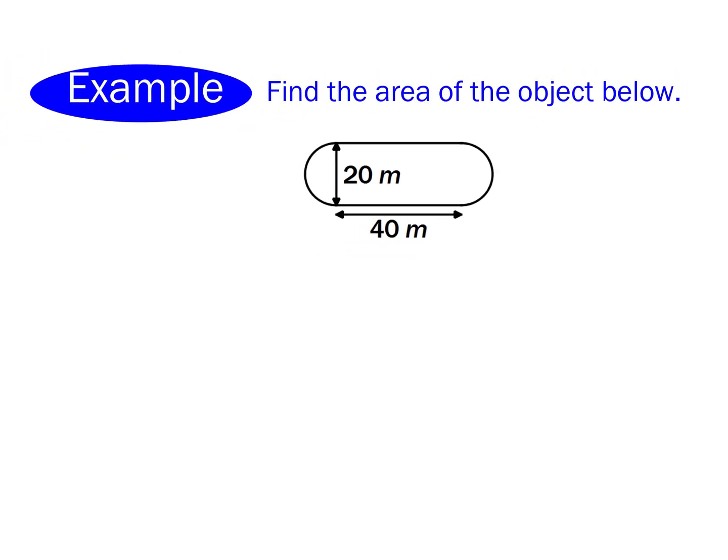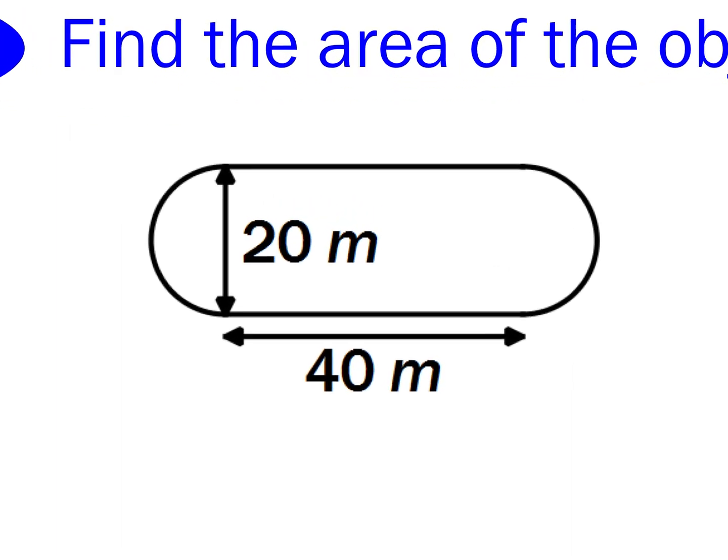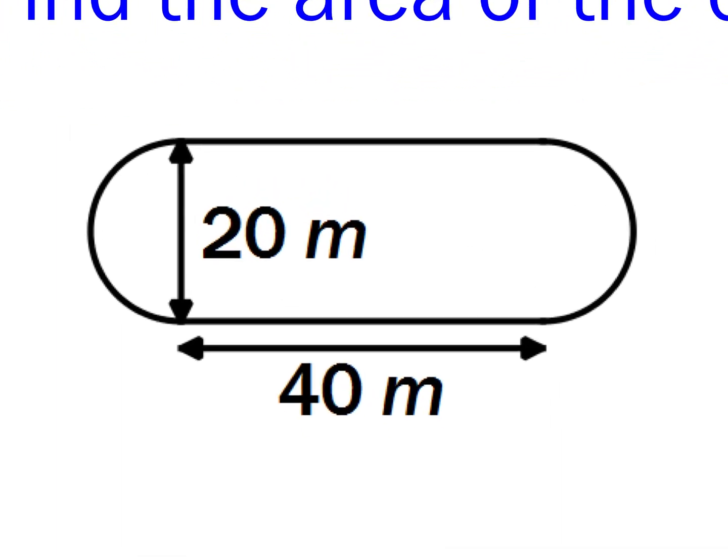Here we have what shapes? Circle and a rectangle. So when we talk about the circle, yes, it's a semicircle because it's only half a circle.